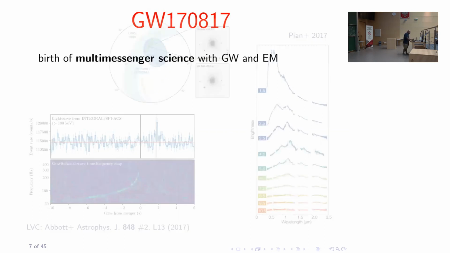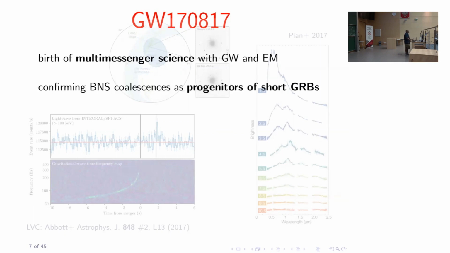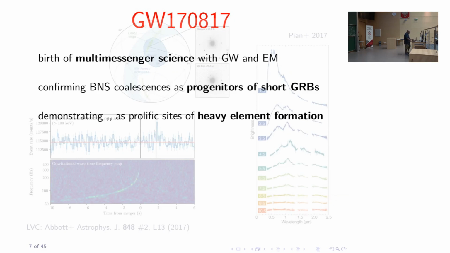This even gave birth to multi-messenger science with gravitational and electromagnetic waves. They confirmed that binary neutron star coalescences are progenitors of short gamma ray bursts. It was only an idea that these binary neutron star coalescences could be progenitors of such short GRBs.